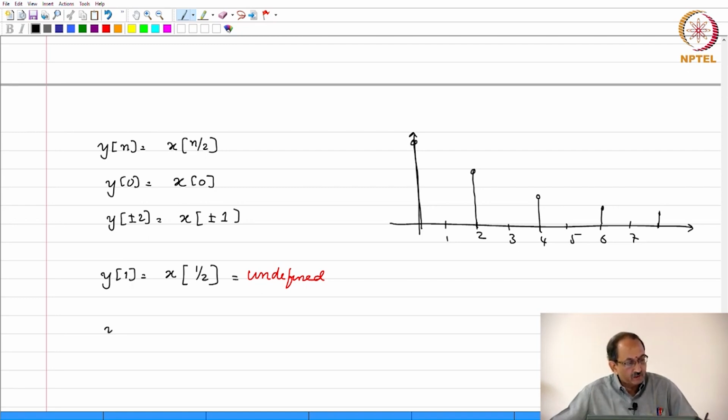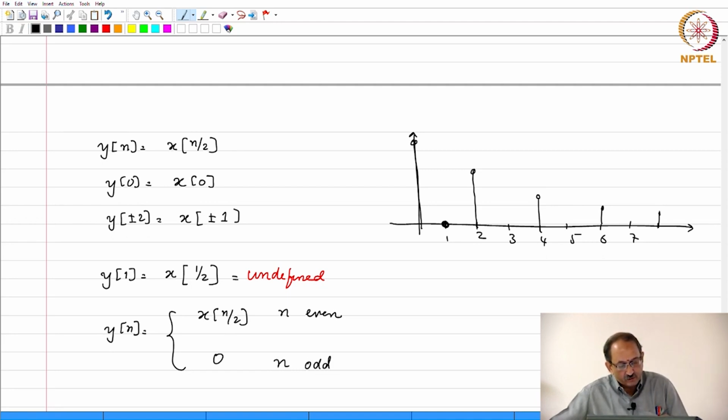But you can go ahead and define y of n like this. It's x of n by 2 when n is even, and then you can say it is 0 when n is odd, in which case the picture now becomes like this.